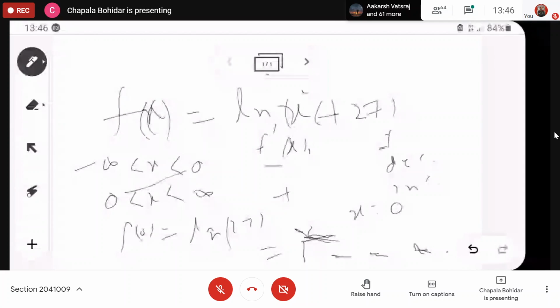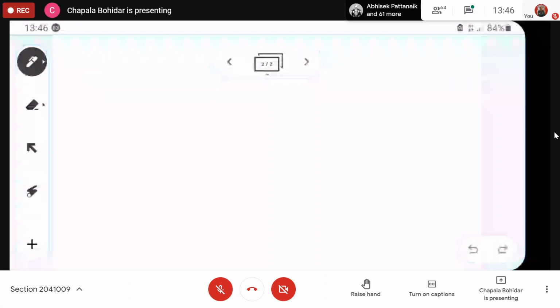So f double dash we find out. F double dash. Tell me the value. I have not written f dash x, so that's why I'm not going to do f double dash x.